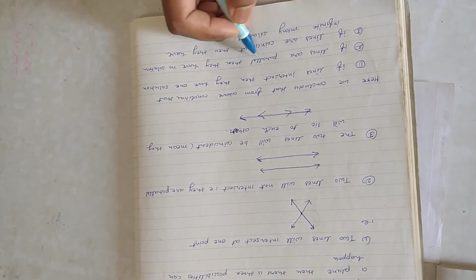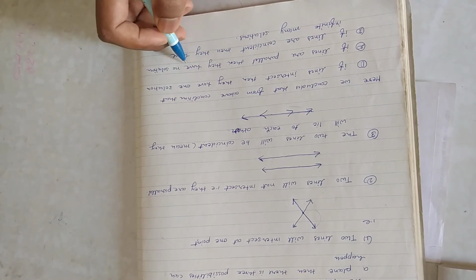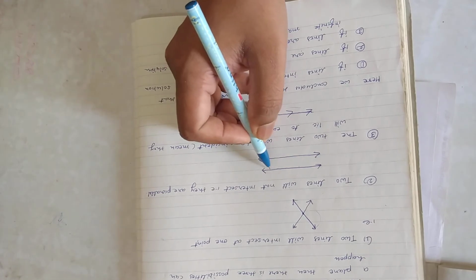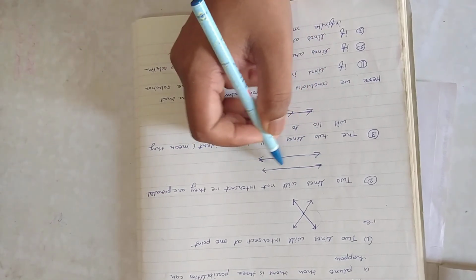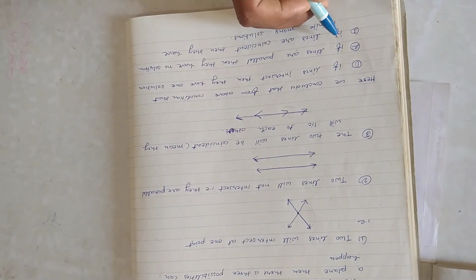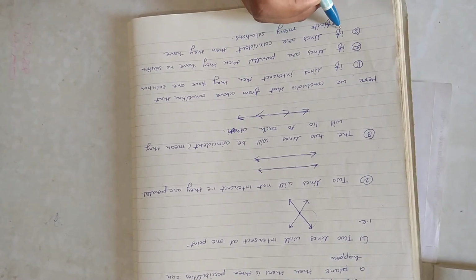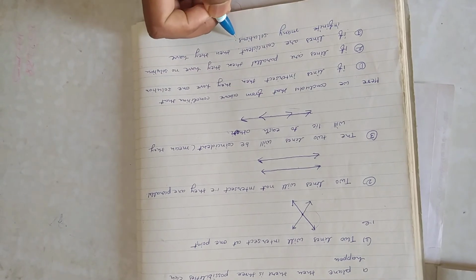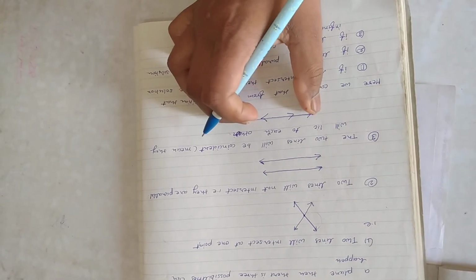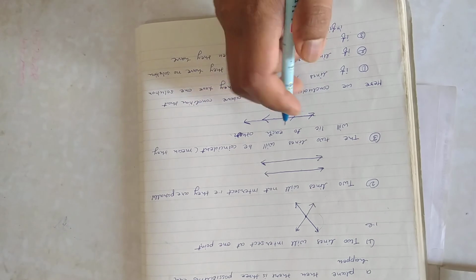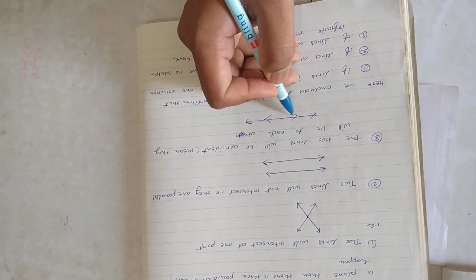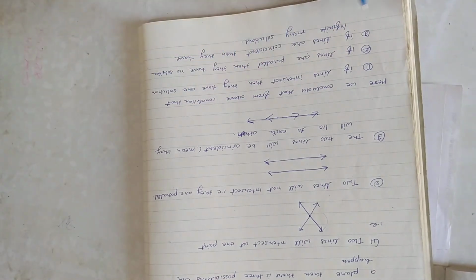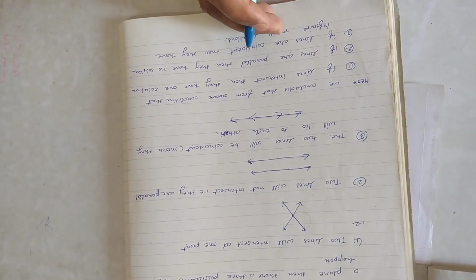Second, if lines are parallel, then they have no solution, because parallel lines never intersect each other. Third, if lines are coincident, then they have infinitely many solutions. If lines lie on each other, they have many points in common, so they have infinitely many points. That's all, students.